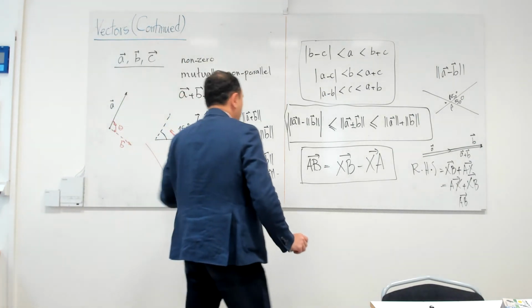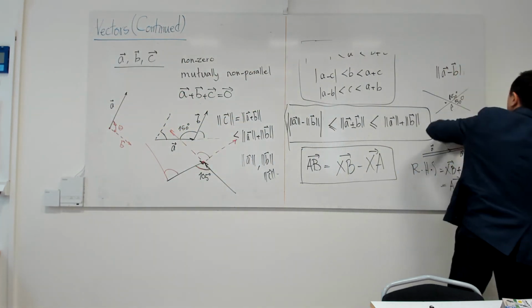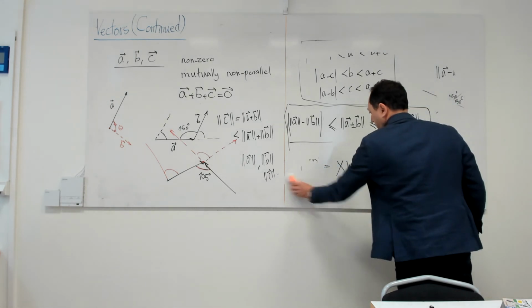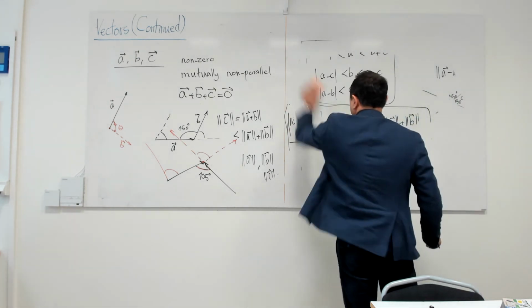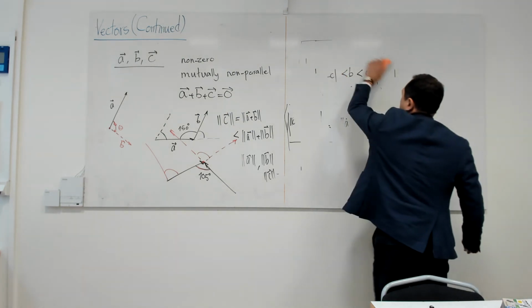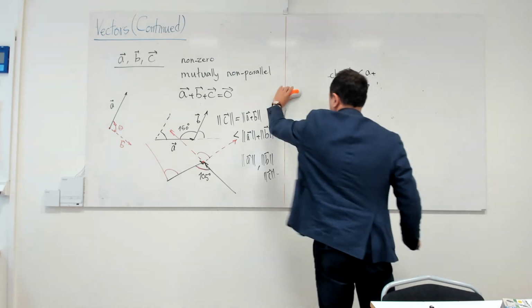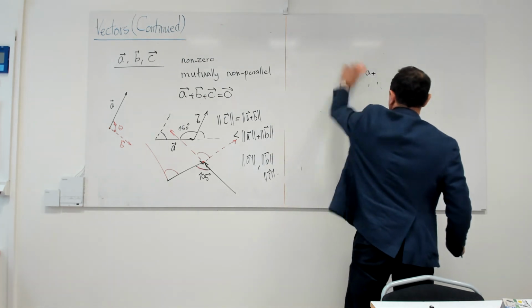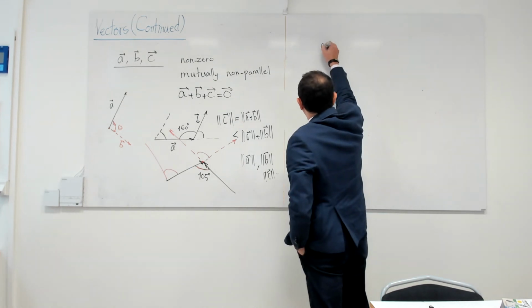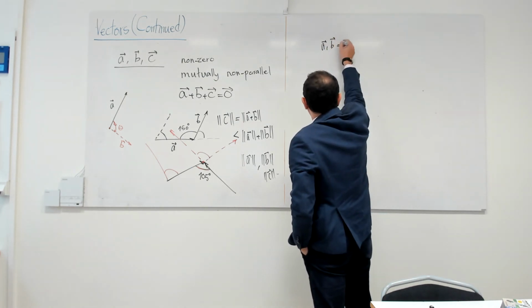I have two vectors. I give you one piece of information and I ask you about the angle between these two vectors. So, I have two vectors A and B. They are not the zero vector.